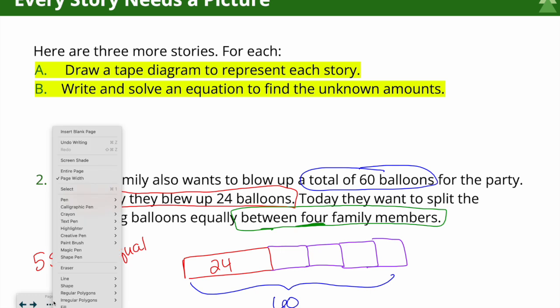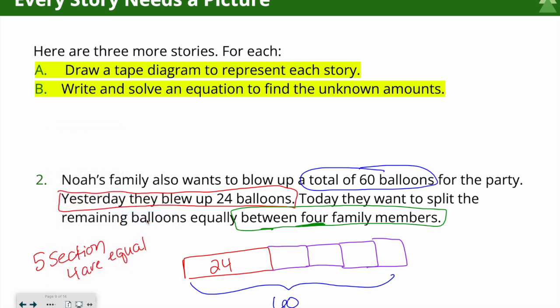Now, what goes in each of those 4 sections? Well, some number of balloons. So x equals the number of balloons each got today. So x, x, x, x.